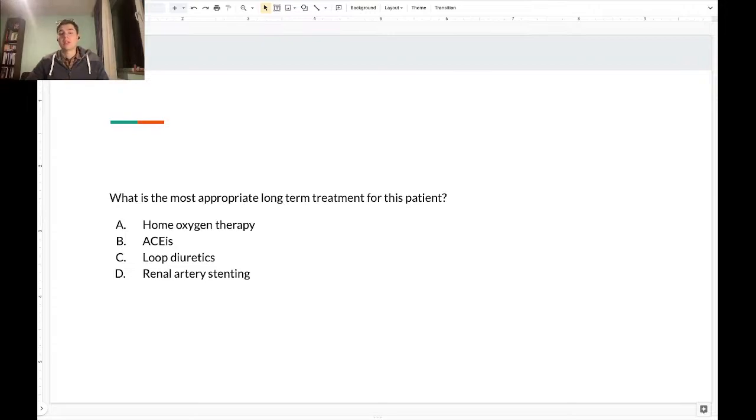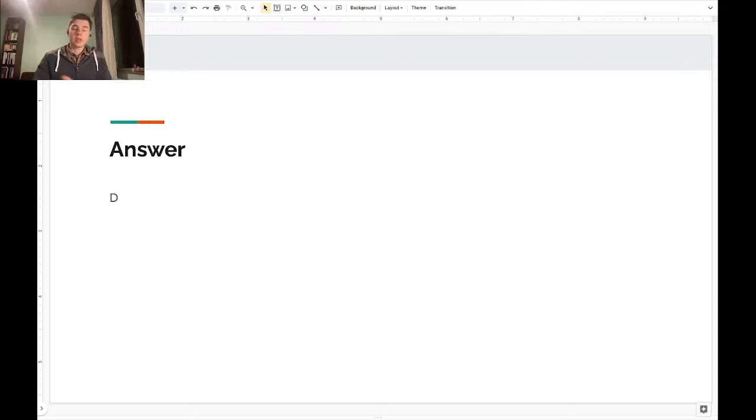And lastly, the renal artery stenting procedure is indicated in these cases. However, ACE inhibitors can be used due to their nephroprotective role in renal artery stenosis, even bilateral, as long as the creatinine is monitored and no elevation in creatinine is registered. The answer here is D.